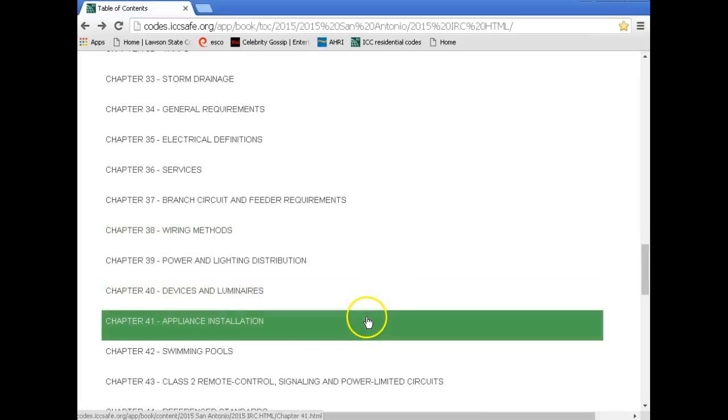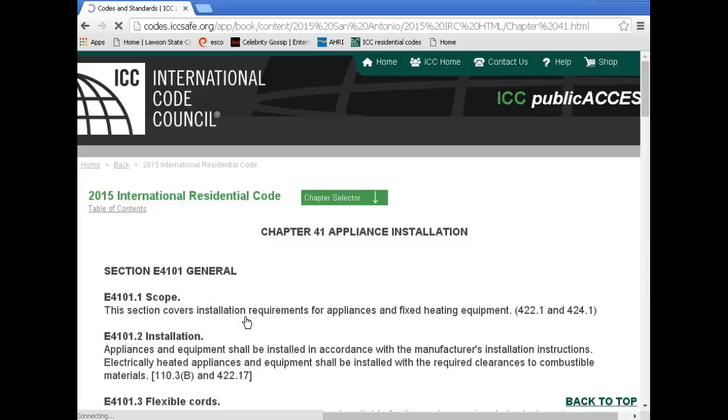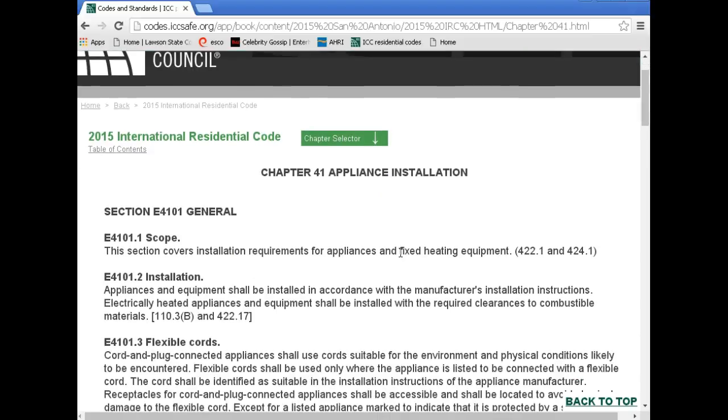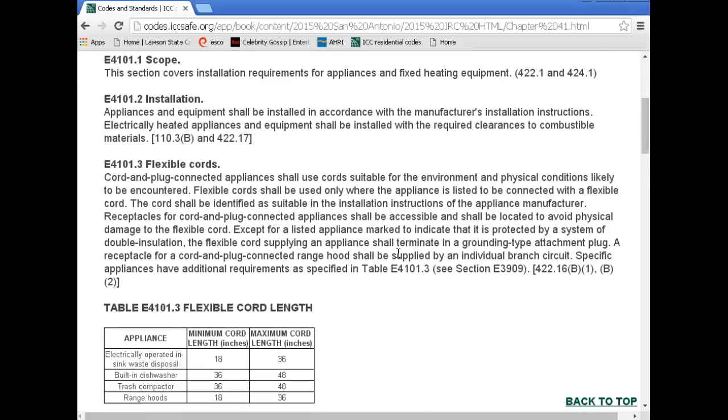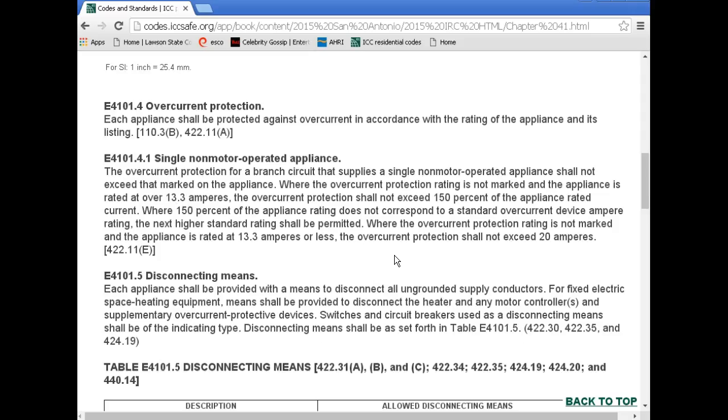I don't think there's much in 41, but let's look at it. 41, what we listed 01.1, 0.5. Disconnecting means, is that what we had here?